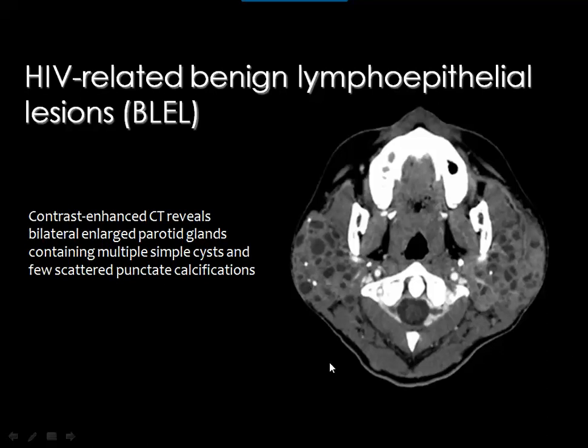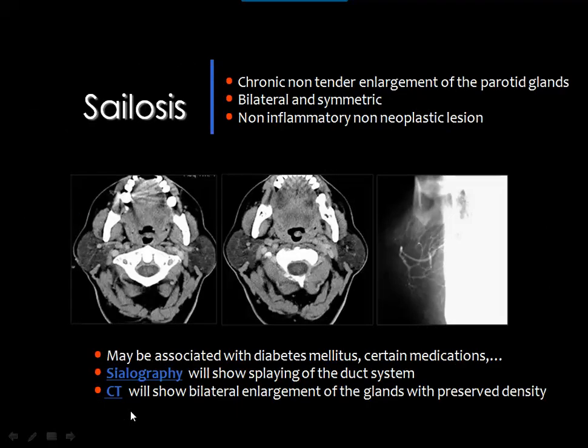This patient is known to be HIV positive. The parotid glands are enlarged, containing numerous cyst-like structures together with punctate foci of calcification. And if you don't know the history, this is good for the diagnosis of Sjögren disease.